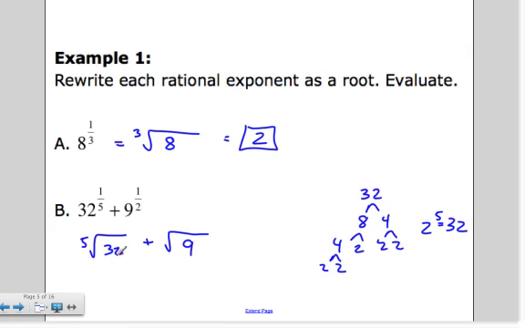So the 5th root of 32 is 2, plus the square root of 9, which is 3. So this is 5, because 2 plus 3 is 5. That's how you do that. Notice there's not a 2 on the outside of the radicand. Since square roots are so common, we just understand the radical by itself to be the square root.